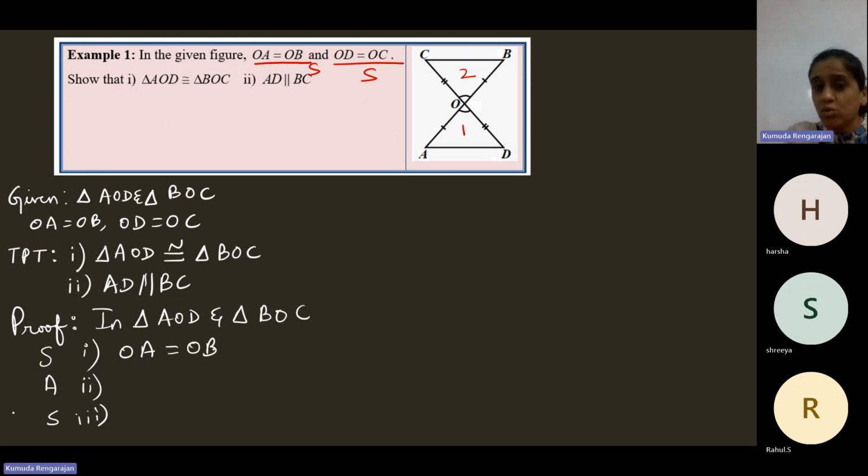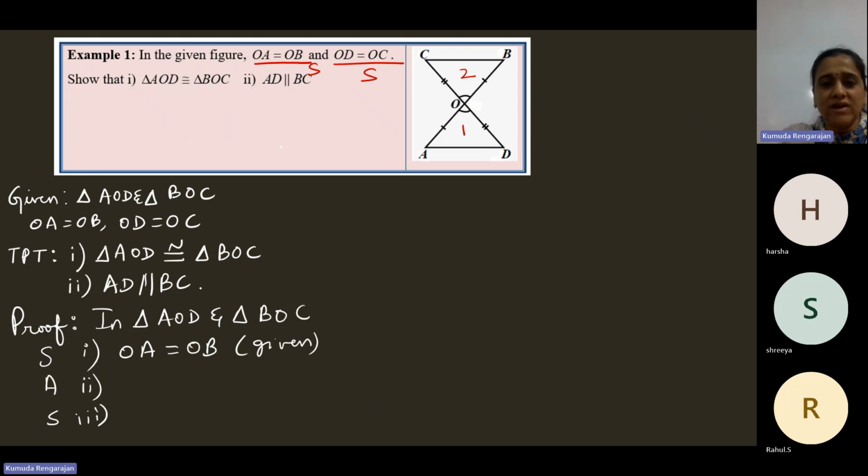Am I saying that? No, it's given. It's given right on top that OA is equal to OB. OA is the side of the first triangle, equal to OB, which is the side of the second triangle. So this is a valid equality because you're saying one side of the first triangle is equal to a side of the second triangle. This is how you should write. What is the reason? Given.